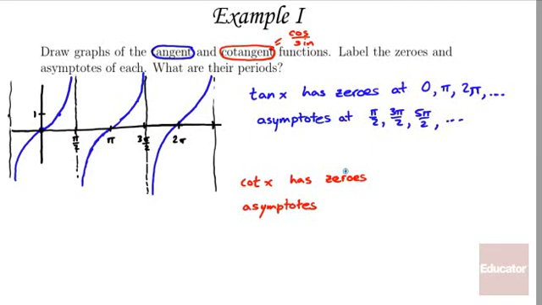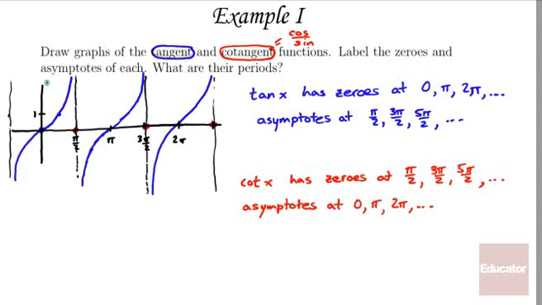It has zeros wherever cosine is 0, which is pi over 2, 3 pi over 2, and so on, because cosine is 0 at those places. 3 pi over 2, 5 pi over 2. It has asymptotes wherever sine is 0 because we're trying to divide by 0. And that's 0, pi, 2 pi, and so on.